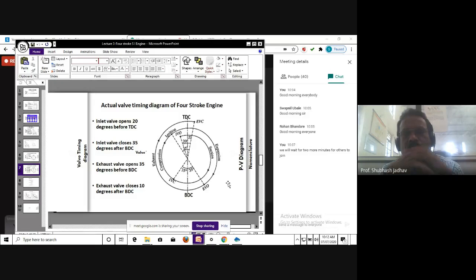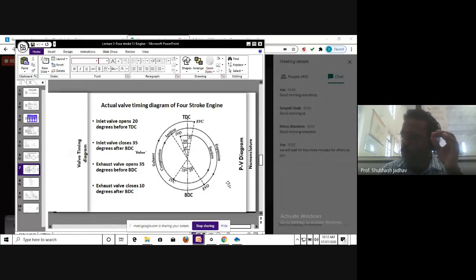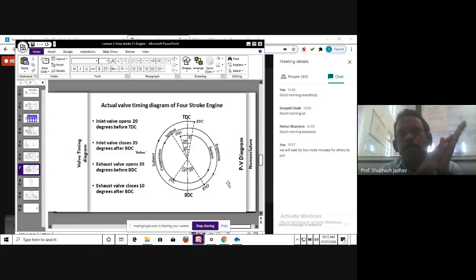So that is what we have learned, and we said that these angles correspond to the points at which the valves are opened or closed early or late, that is, before or after the dead centers. We have also discussed why it is necessary to open the valves before or after the dead centers, and what will happen if they open at dead centers, which we discussed in the theoretical timing diagram.